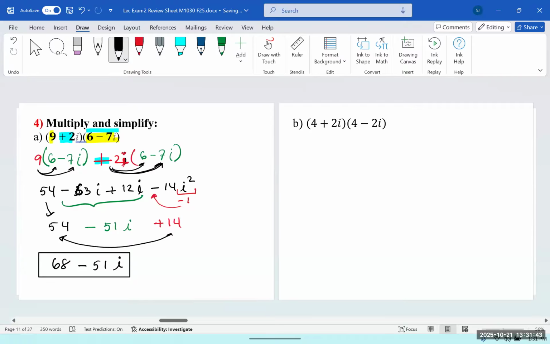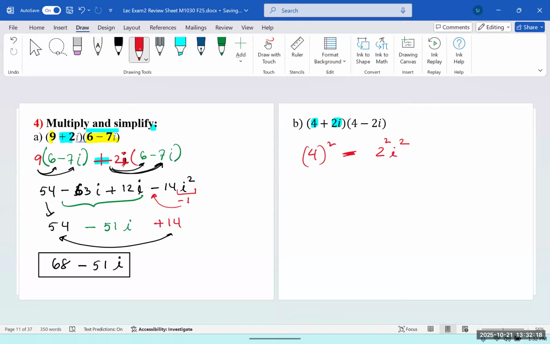Great. Then we have another multiplication, but this time we don't have to do foiling. Why not? Conjugate. So what do we get from multiplying conjugates? 4 square minus 2i square. The 2i square, you can write 2 square i square. So you square everything and subtract them.